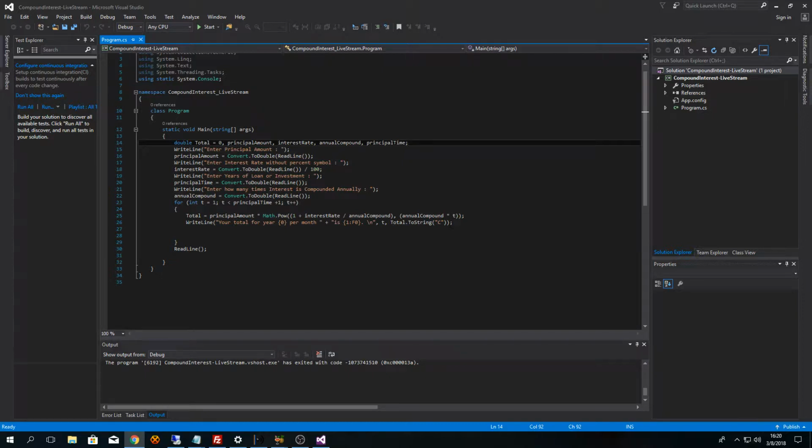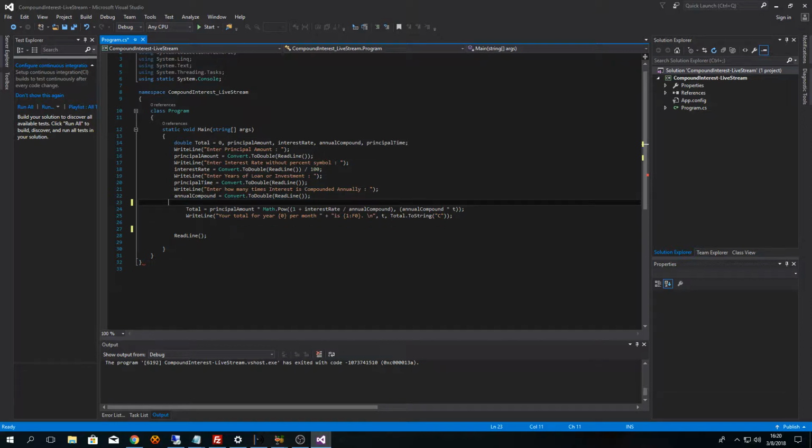The way we would do that is, first off, let's get rid of this right here. Okay, awesome. We don't need that because then we'll do it times, we need to change that to principal time.